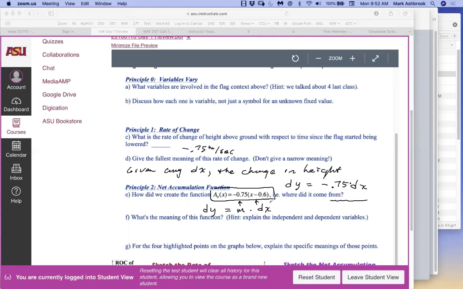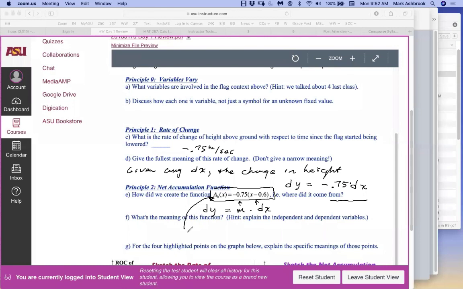Okay, so the independent variable of this is x. x is the time since we started lowering the flag. And then the dependent variable is a little more complicated. What's that? The change in height since 0.6 seconds. So it's a function of time since the flag started being lowered, time equals 0.